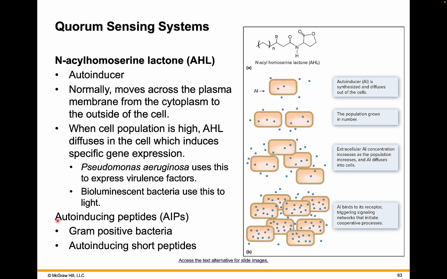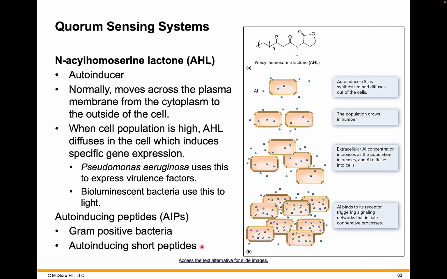Also, N-acyl homoserine lactone is just one example, but there are also autoinducing peptides called AIPs. These are present in gram-positive bacteria, like Enterococcus faecalis. And also, there are autoinducing short peptides. Along with that, there are some lipid-like structures that are also found. For example, in Candida, in fungi, farnesoic acid derived from farnesyl moieties.